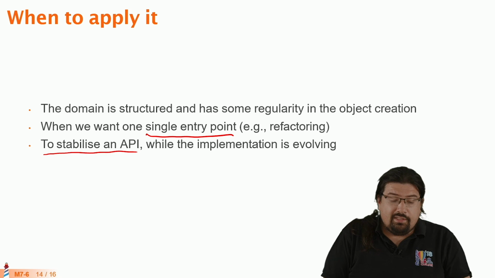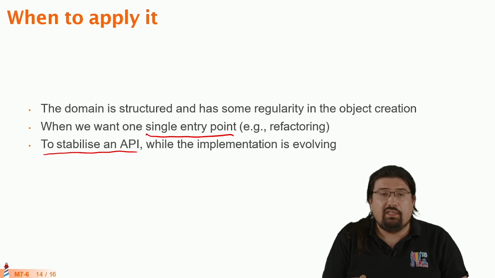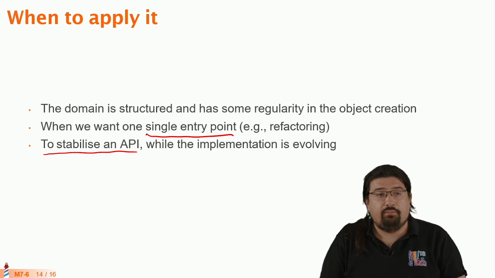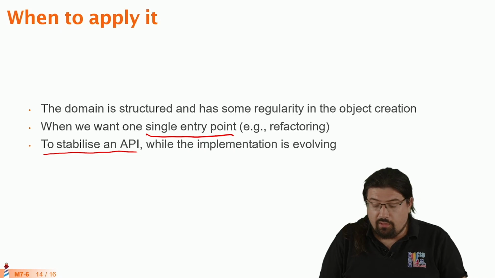This API gives us a stable point where we can implement an evolving solution without changing the API. As I said before, the builder encapsulates the implementation, so it hides the real implementation from the user, and we can always evolve the implementation without affecting our users.